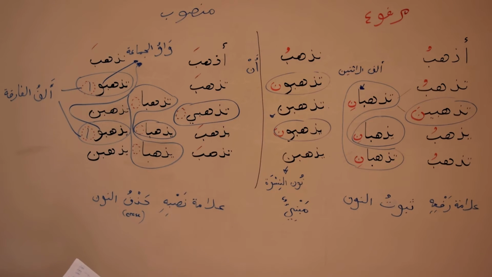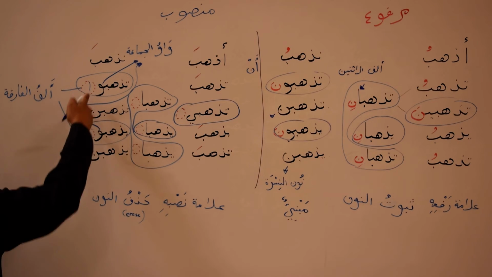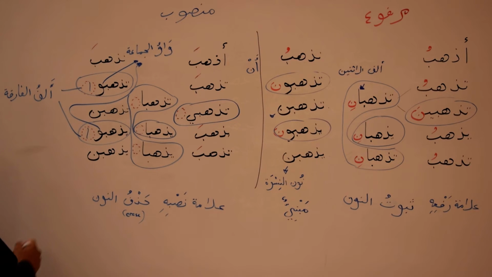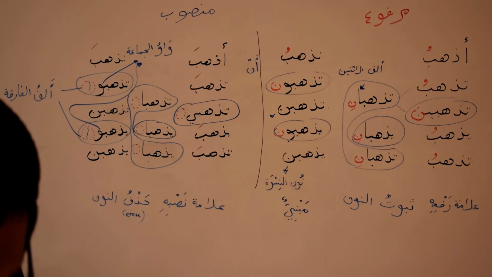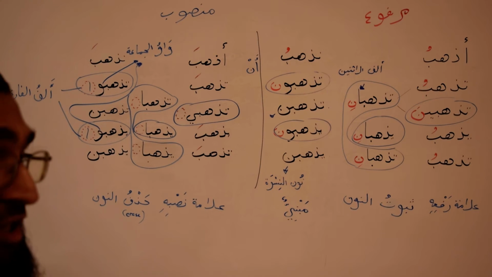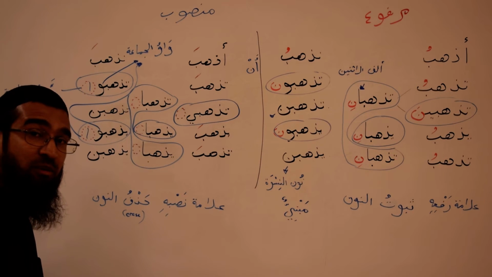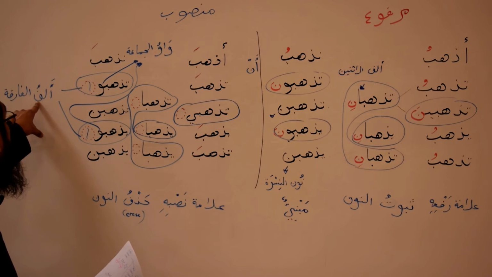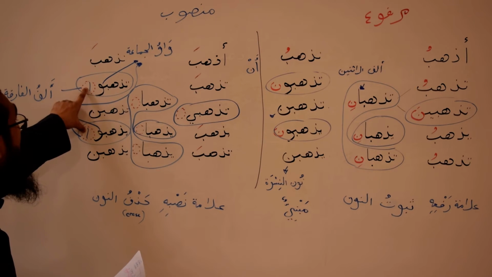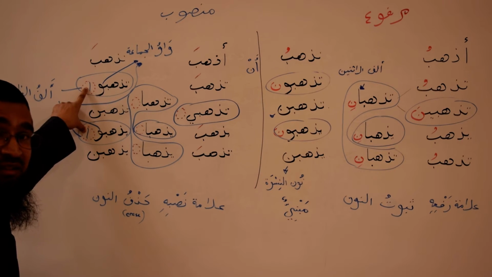The alif is written anytime it goes after wawul jama'ah. There are some words that may look like a verb, but it's not actually a verb. And there are some verbs that may look like wawul jama'ah, but it's not wawul jama'ah. This alif is telling you that the waw before it is wawul jama'ah.